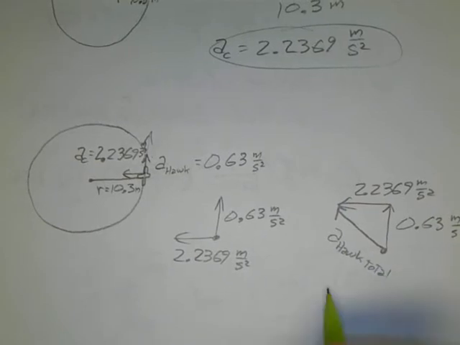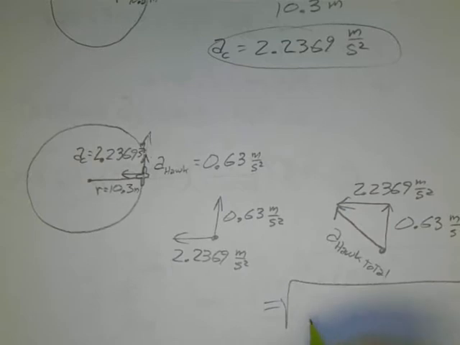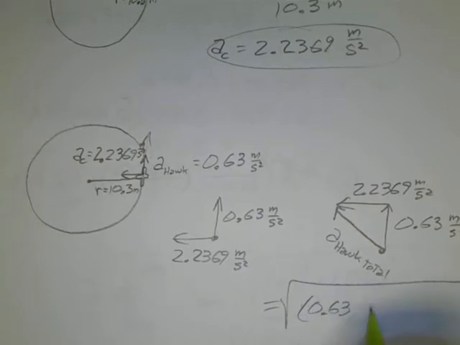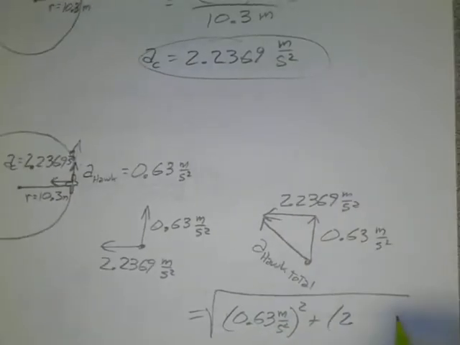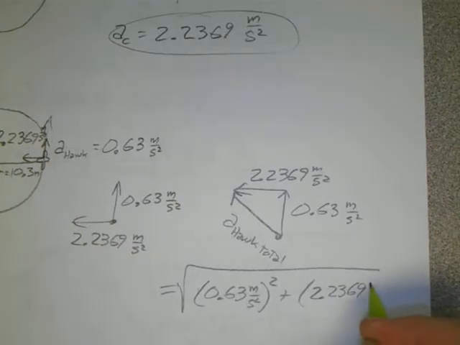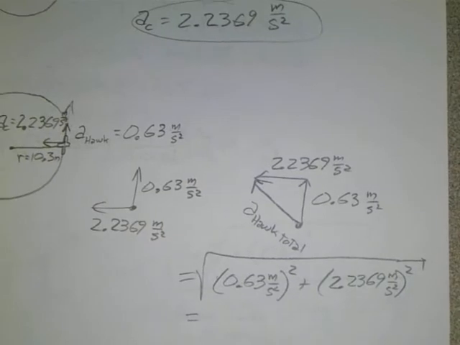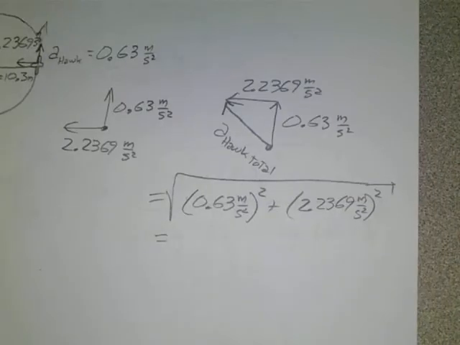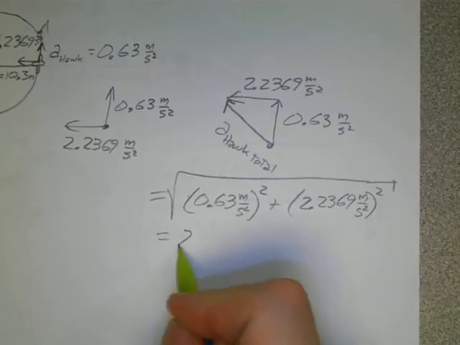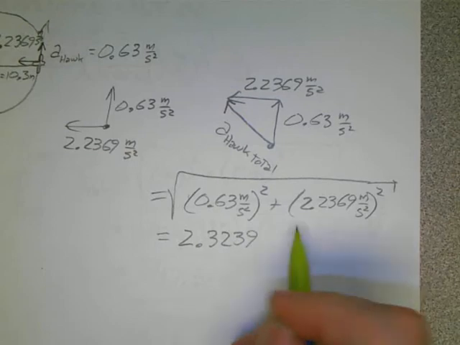So that's going to be equal to the square root of 0.63 meters per second squared plus 2.2369 meters per second squared. And I get 2.3239 meters per second squared.